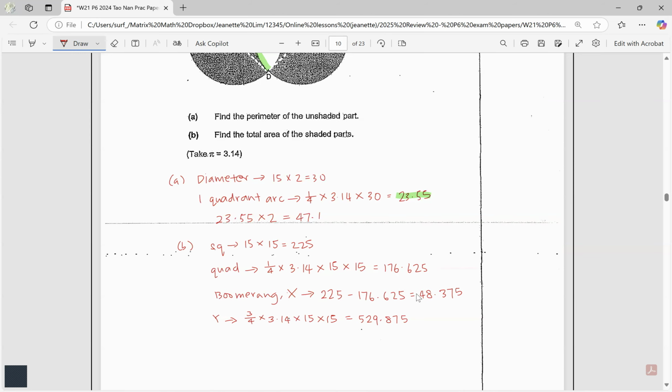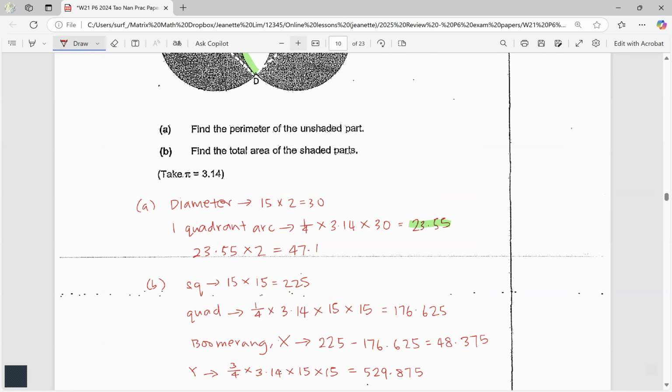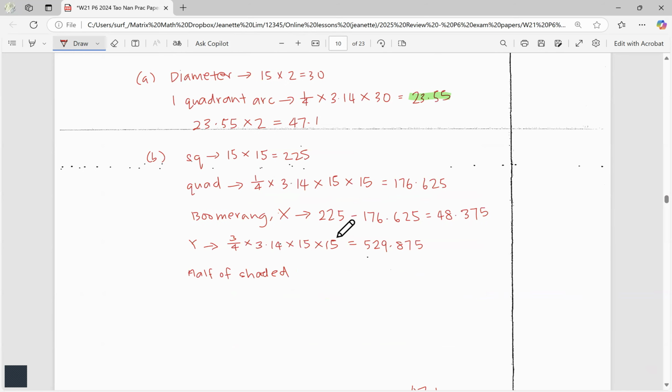Half of the shaded part will be your X and Y together.